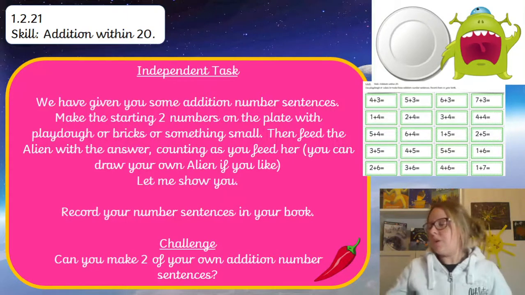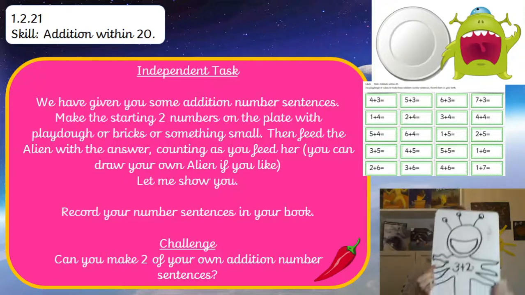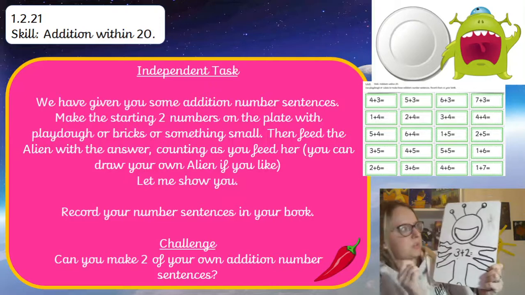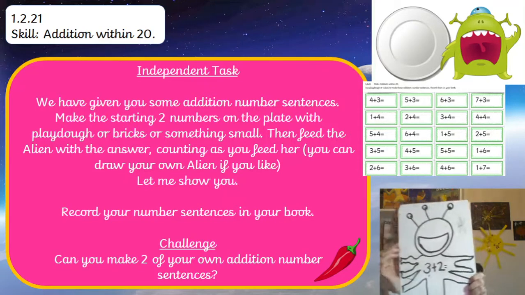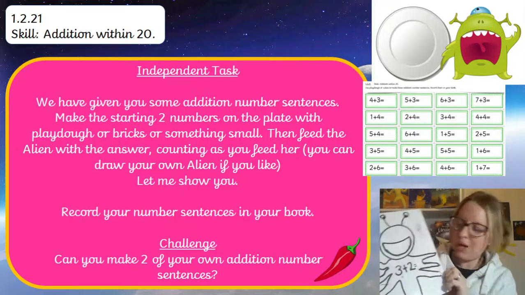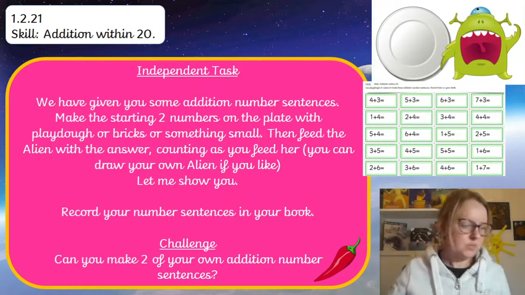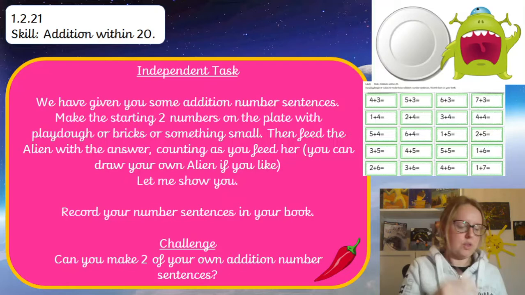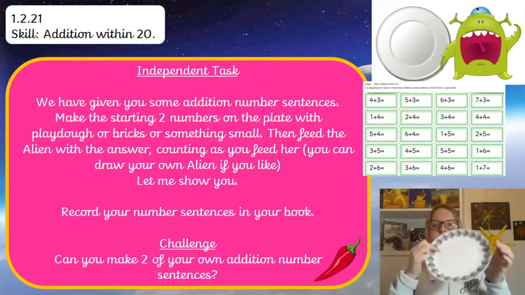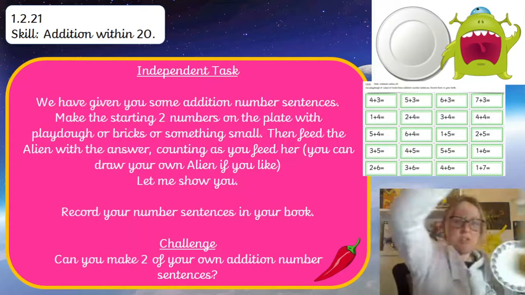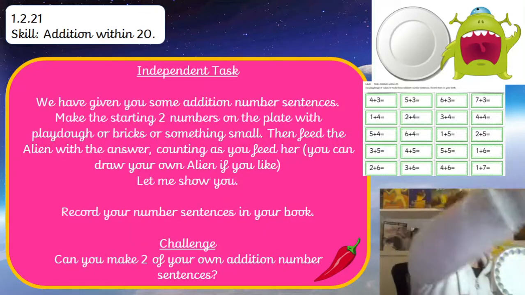So if my addition number sentence was 3 plus 2 equals, my alien's feeling very hungry, so I'm going to make him the total number altogether. So my first number was 3. So I've got my plate, and I'm using Play-Doh for this, or you could use pasta if you want to.